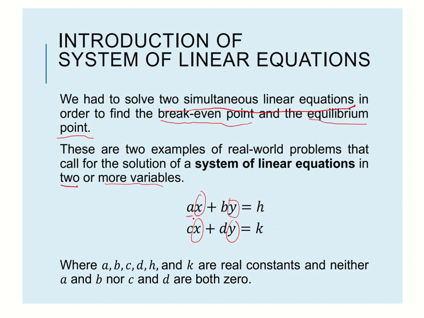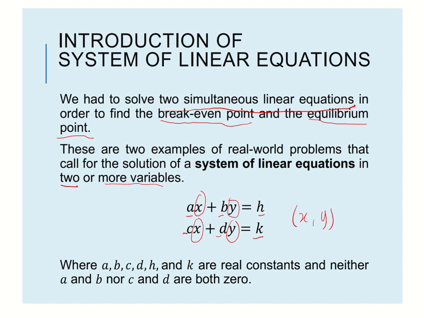Now, what are a, b, c, d, h, and k? They are numbers. So x and y are variables, they are unknowns, and a, b, c, d, h, and k are numbers. When we solve, we can find an intersection point x and y, representing the solution of these two linear equations.